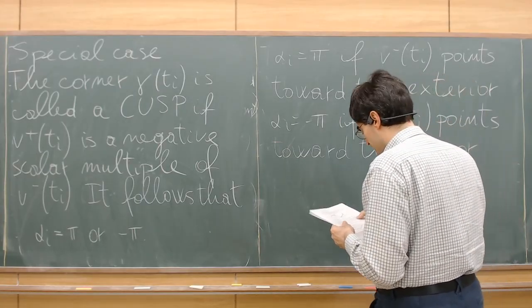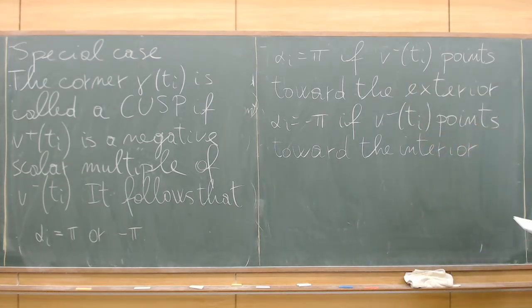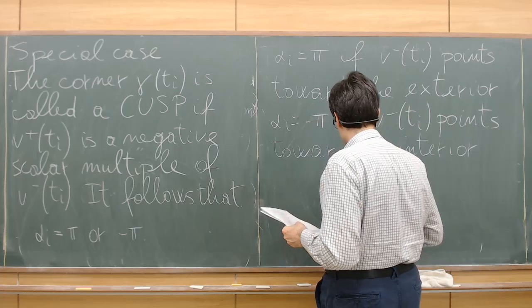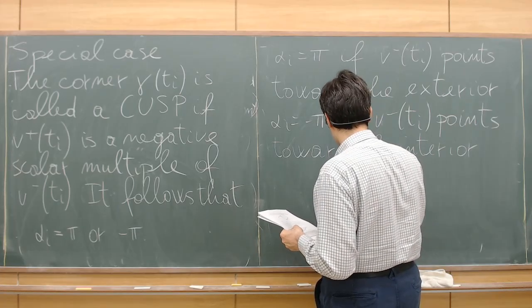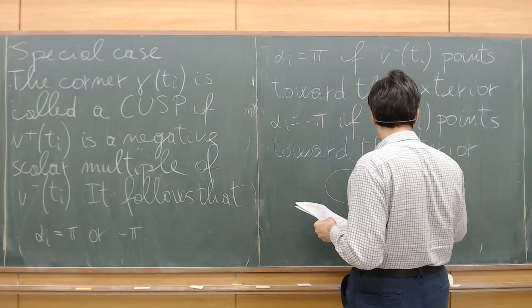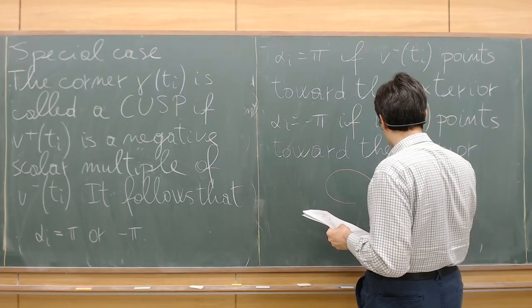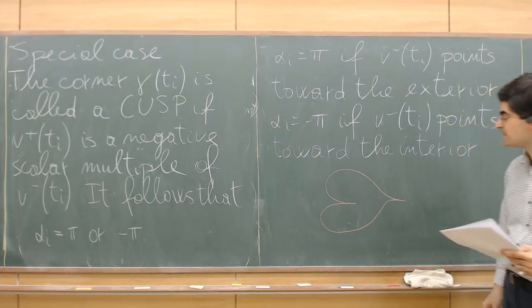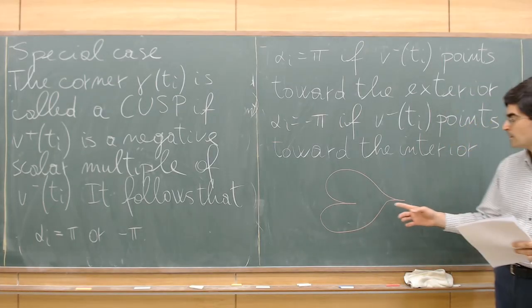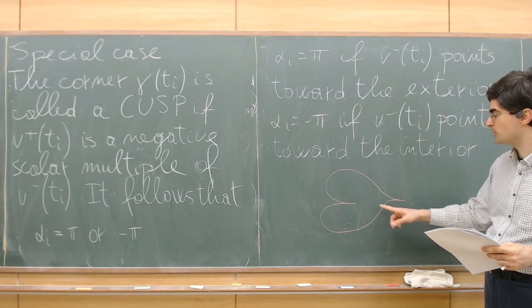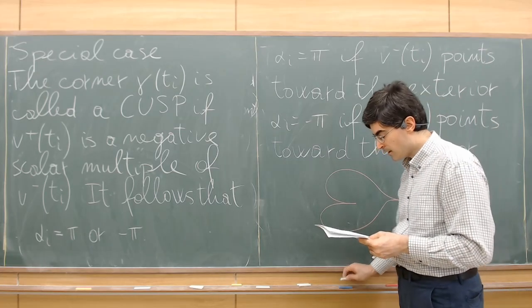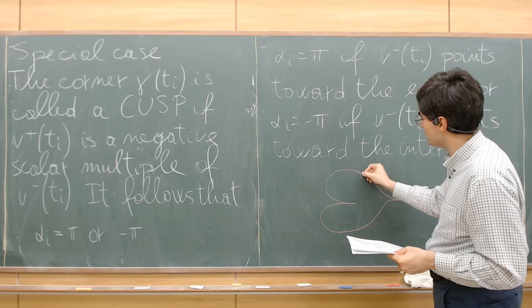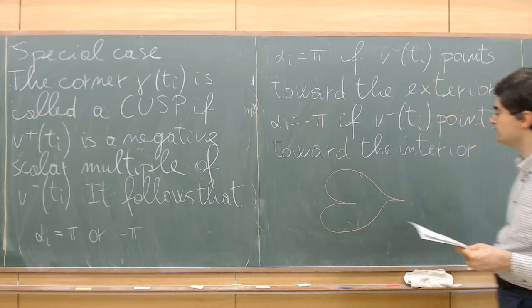So let's see one simple example. This is a simple closed curve with two cusps. Suppose that we travel along the trace of gamma in this direction.